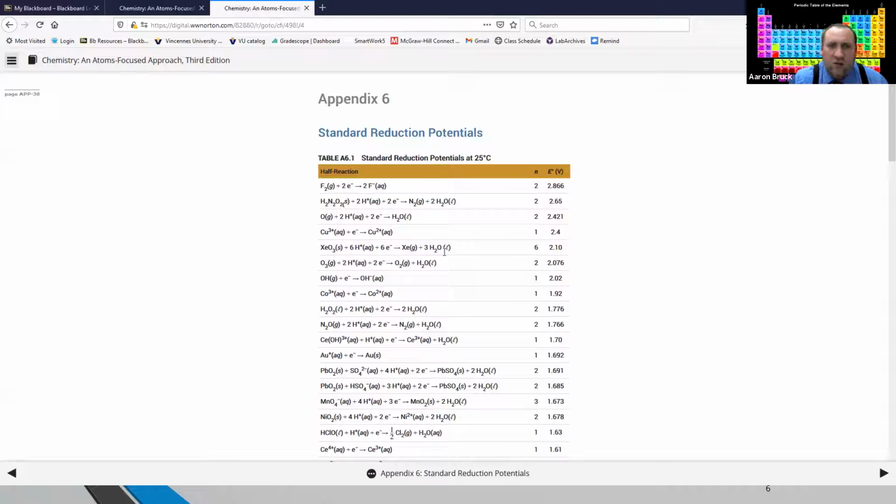If we look closely at this list, the things that we expect to be at the top are at the top. For example, fluorine is the most electronegative element, which means that it is the most likely to want to grab electrons. And what do you know? It's at the top of our reduction potential list.